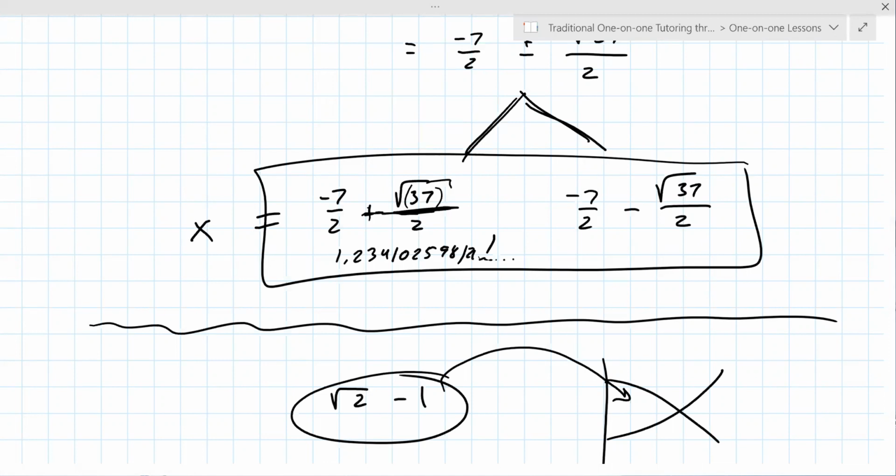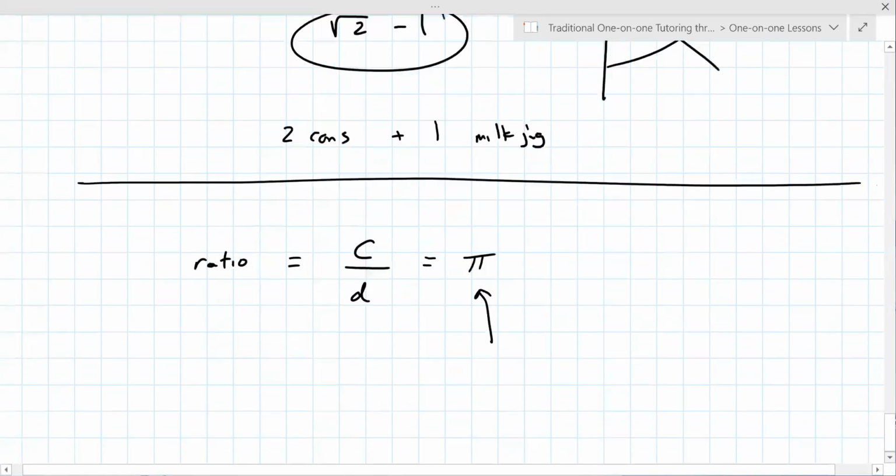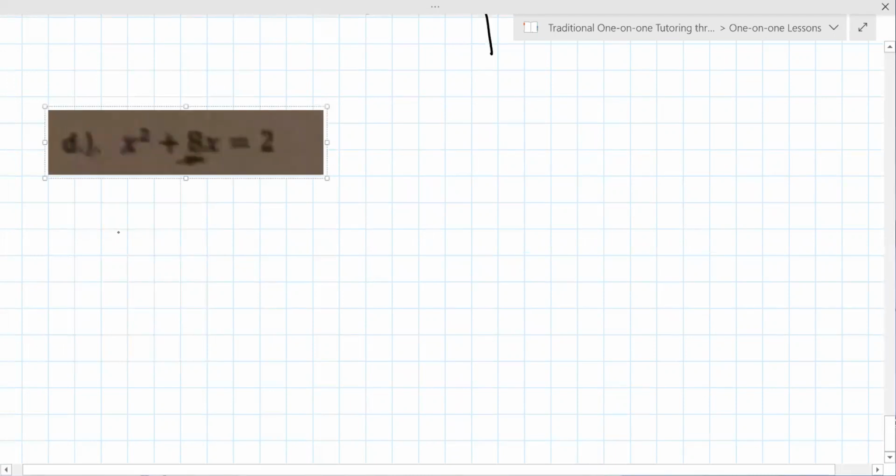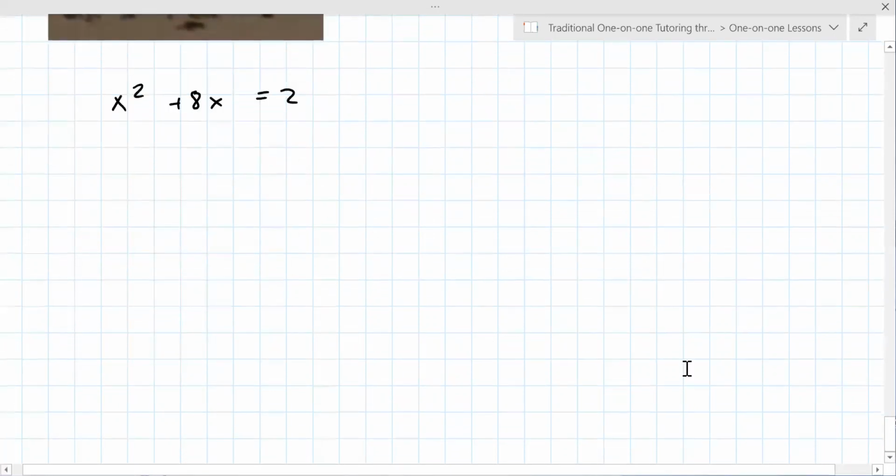All right, let's look at D. It's x squared plus 8x equals 2. Your choices are, as we went through before, the GCF, which does not apply, and the square root property, which does not apply.